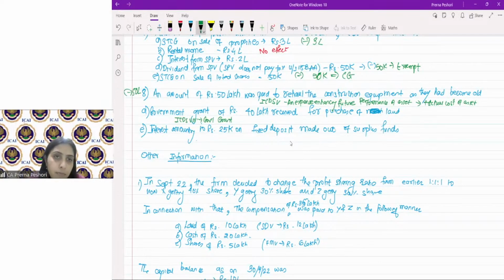So just write down: grant for non-depreciable asset recognized as income. Section 2(24) and ICDS 8 both talk about it.